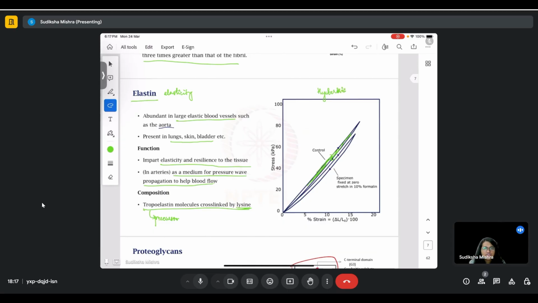Hysteresis is usually present in viscoelastic materials. So that implies elastin is a viscoelastic material.